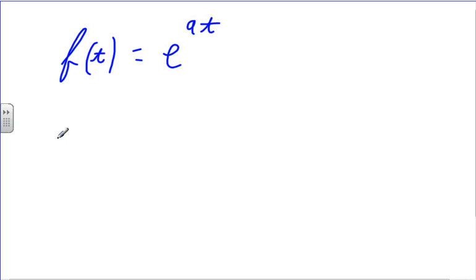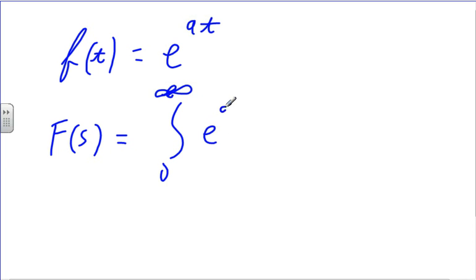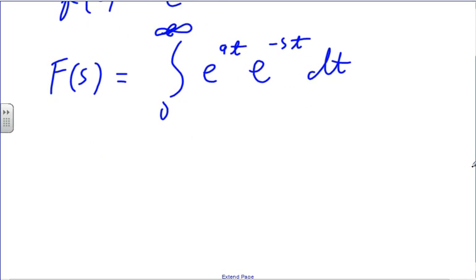How's that? So F of s is equal to the integral from 0 to infinity of e to the at times e to the minus st dt. All right, so that's what we've got to do.